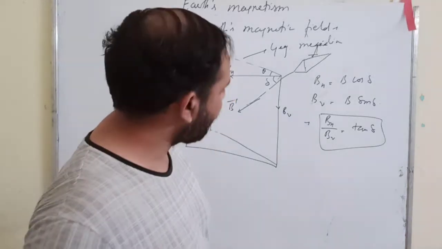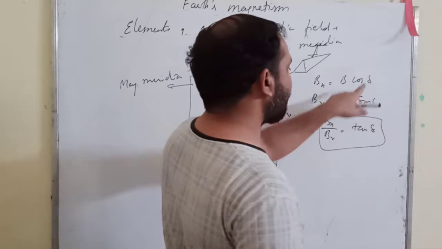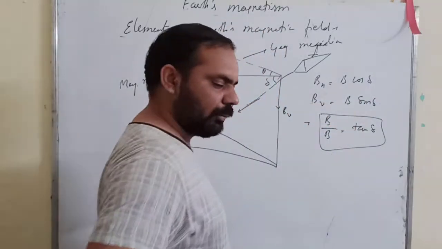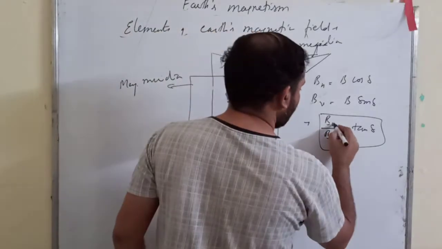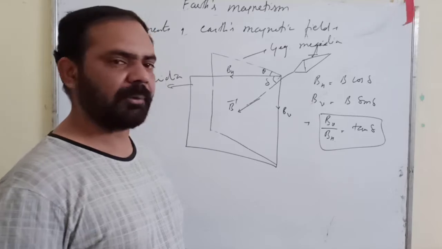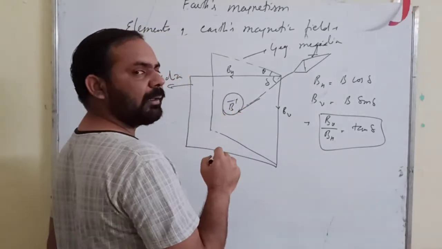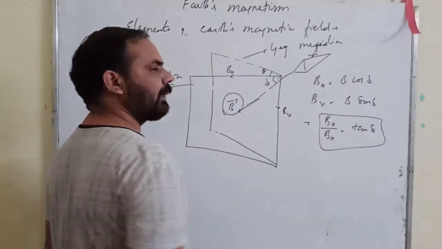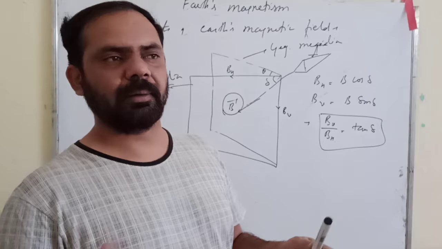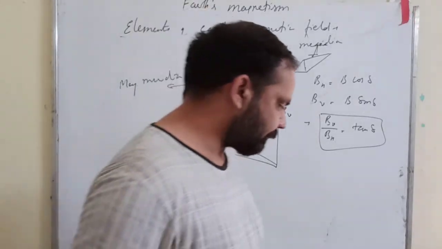Sorry, not BH upon BV, it should be BV upon BH, because then only you will get sin delta upon cos delta. So these are various formulas with the help of which you can calculate the value of B, as well as find out in which direction the magnetic field of Earth is aligned.